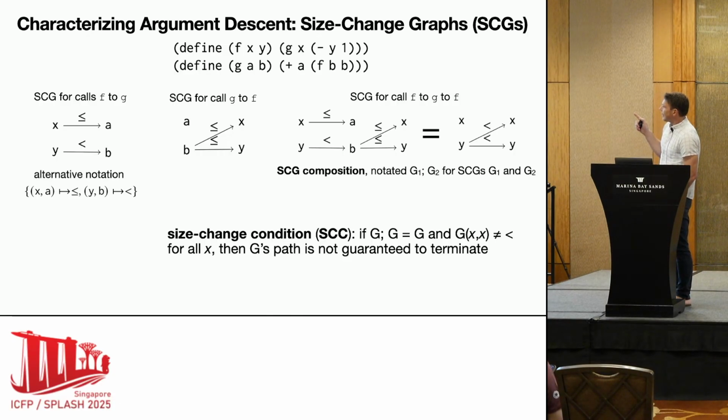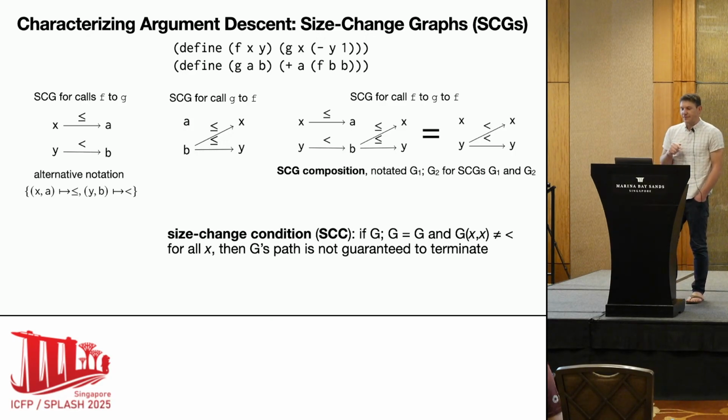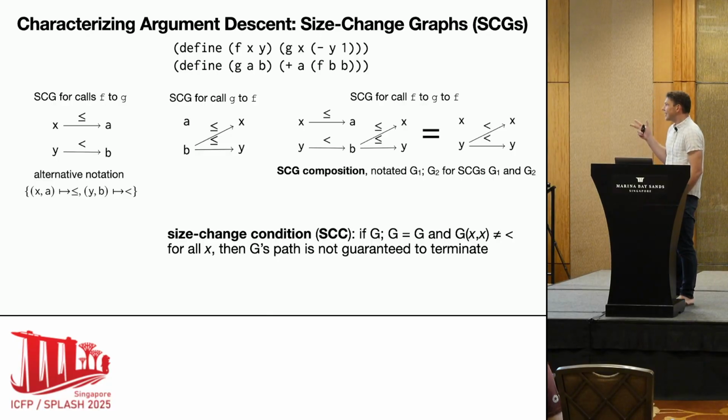That's reflected in the size change graph, where X has an arrow to A, which does not descend, but does not ascend. And Y has an arrow to B, and this less than means that B is strictly less than Y. So that's a size change graph.